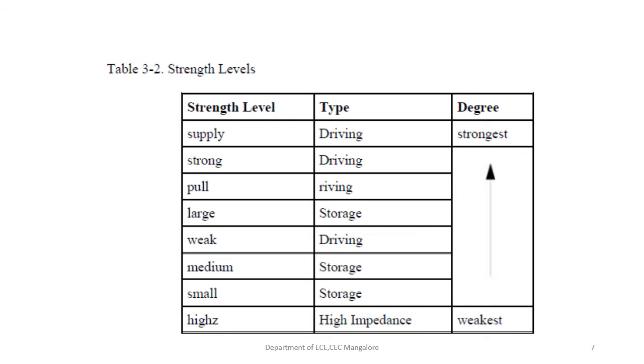So these are the strengths: supply, strong, pull, large, weak, medium and small. For example, if strong 1 and weak 0 are combined, the result is resolved as strong 1 only. If two signals of equal strength are on a wire, then the result is unknown. If both signals are strong and strong, then the result is unknown only, like that.